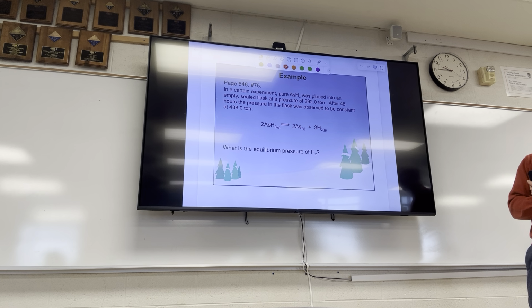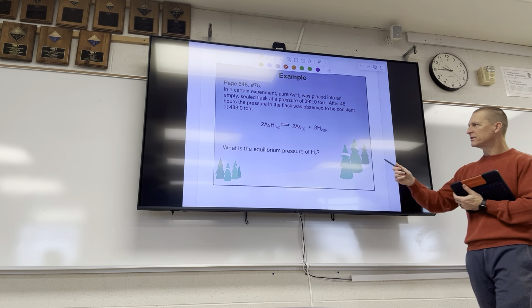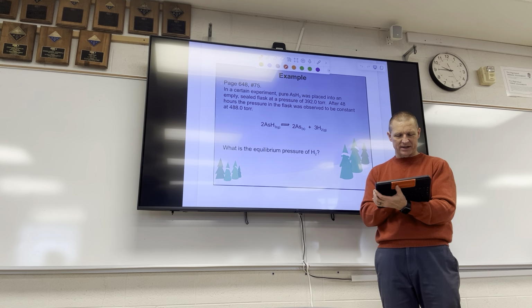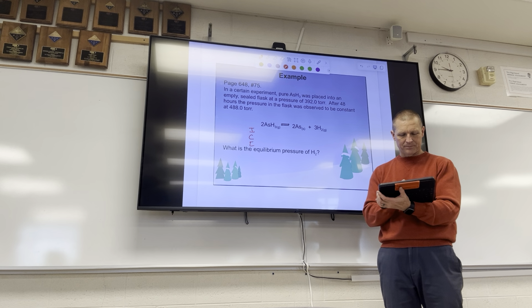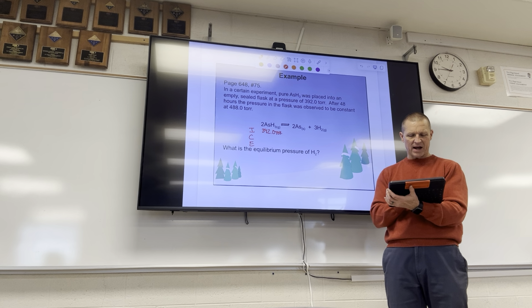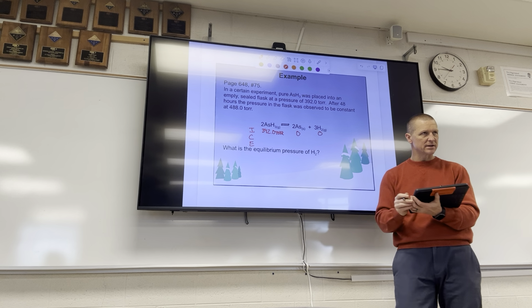What is the equilibrium pressure of the hydrogen? So this reaction is going to happen. We start with, I'm going to go ahead and start an ICE table here. So initially, there was 392 torr of the reactant and none of the products.